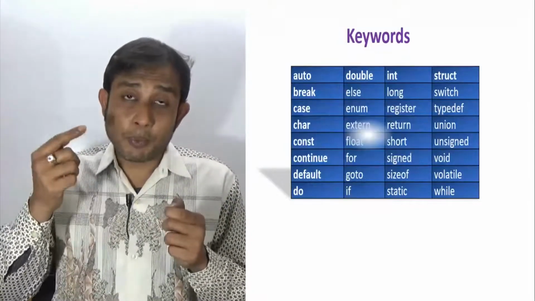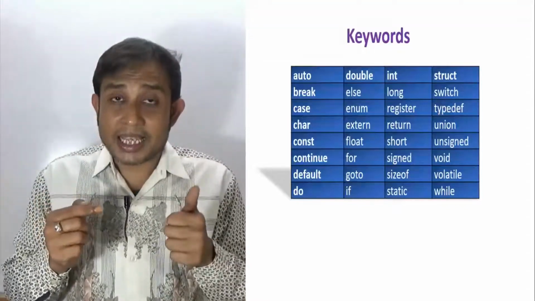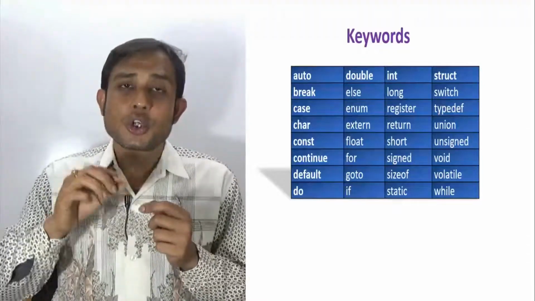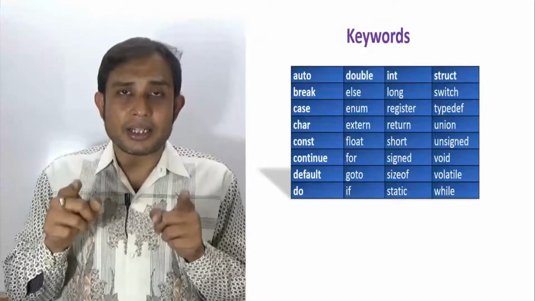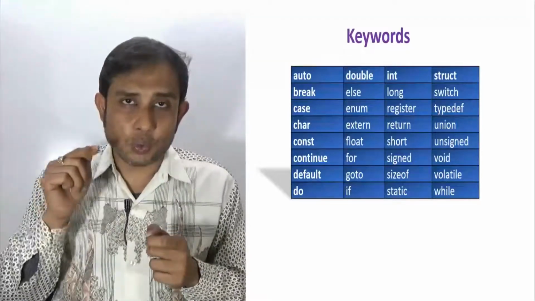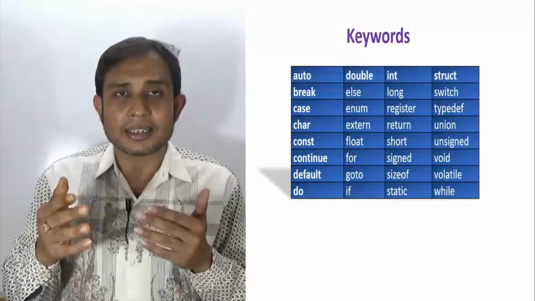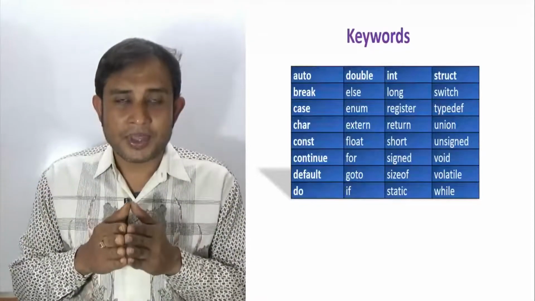It means if we use any keyword within the program, it executes the particular task or action which is already defined in the C compiler for this word. So there is no need to write any extra code for this word. It executes a particular job. So these are basically keywords.